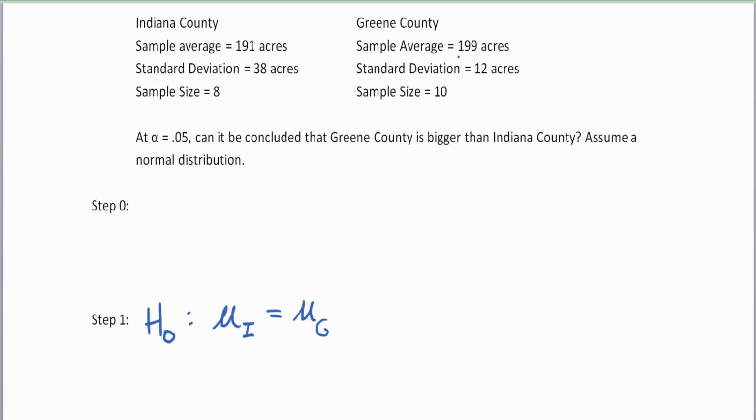Now you see they are close, but their standard deviations tell a different story. And the alternative hypothesis is going to be that we have Indiana versus Greene. Well, looks like this is actually saying, can it be concluded that Greene is bigger than Indiana? So the less than symbol is used right here.